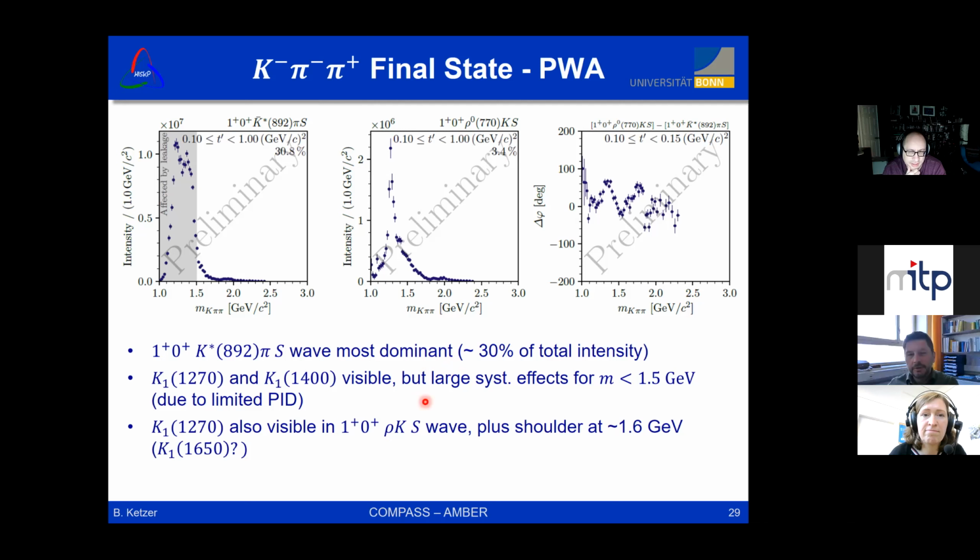Well, it will be more difficult for sure. This has been done by E852 already with smaller statistics, and we will start with their wave set and then increase it step by step as we have done for the 3 pi. But it certainly is more complex because you have different isobars in the different final states.